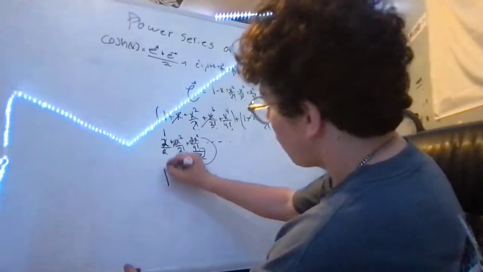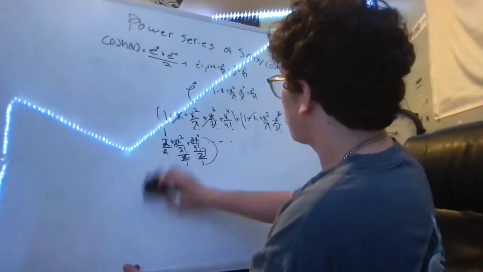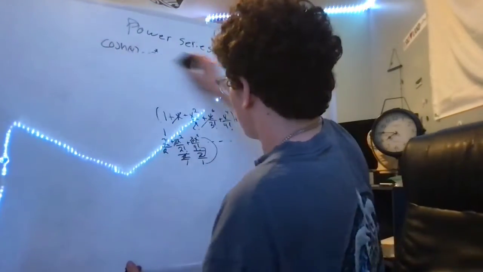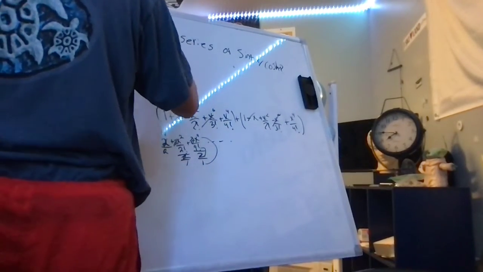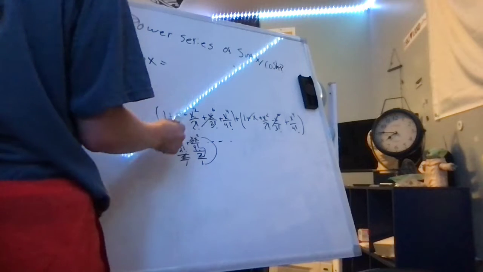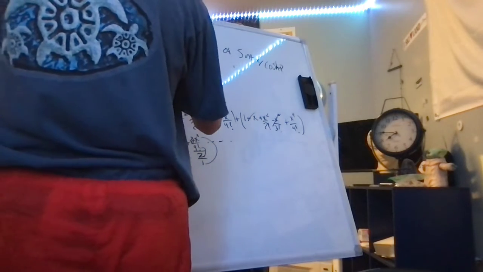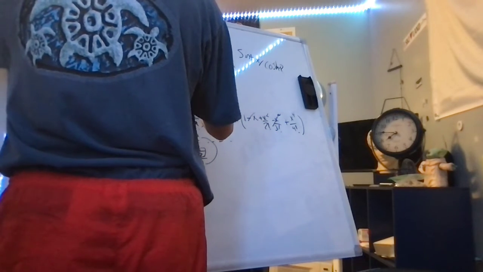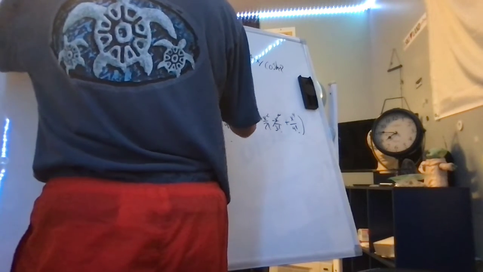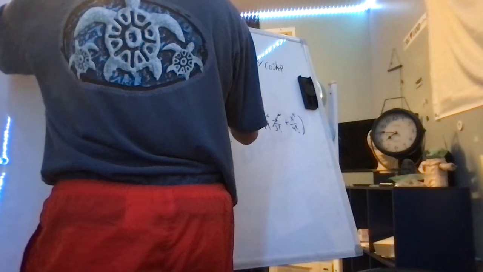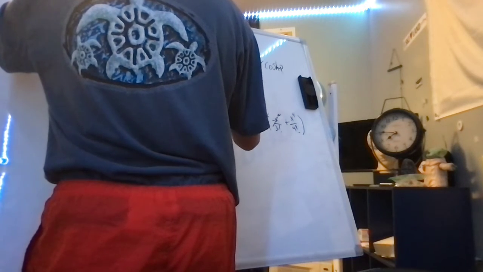Thus, we have 1, and I'm going to rewrite this up here. This is going to be cosh x, and it's equal to 1 plus x squared over 2 factorial plus x to the fourth over 4 factorial, and so on.